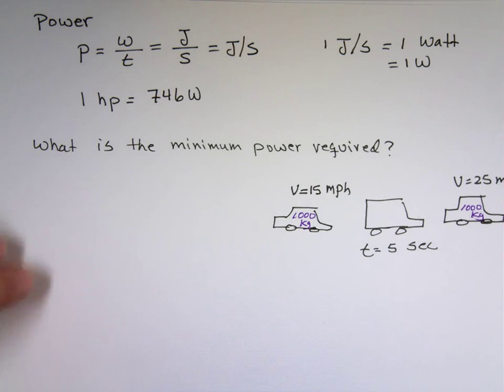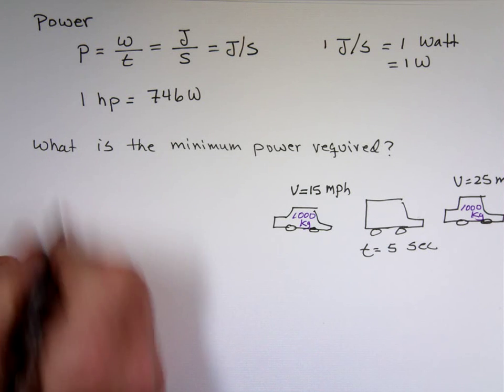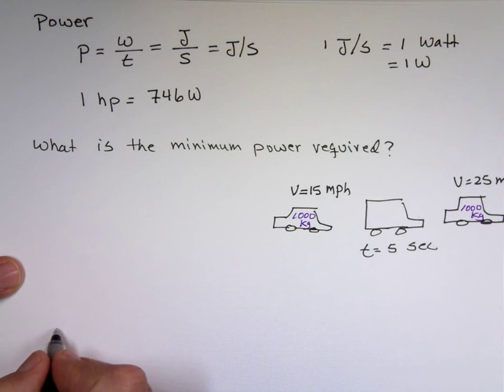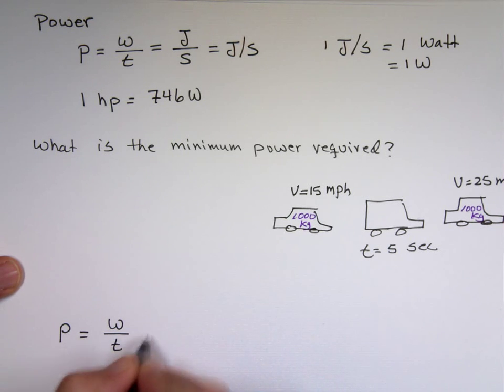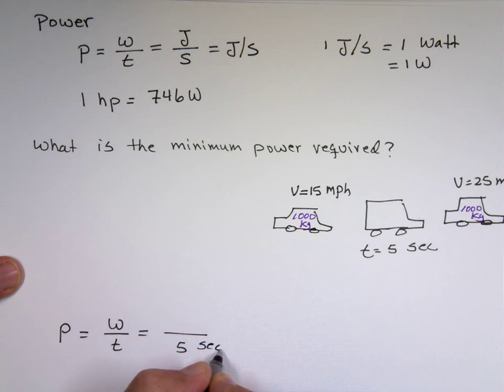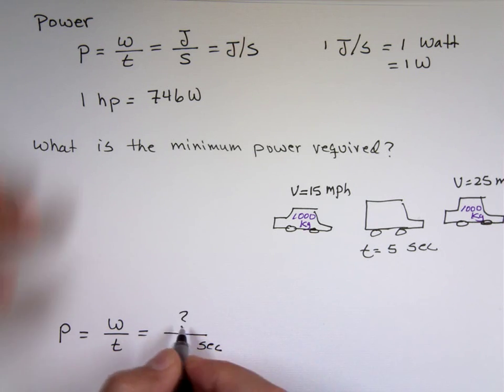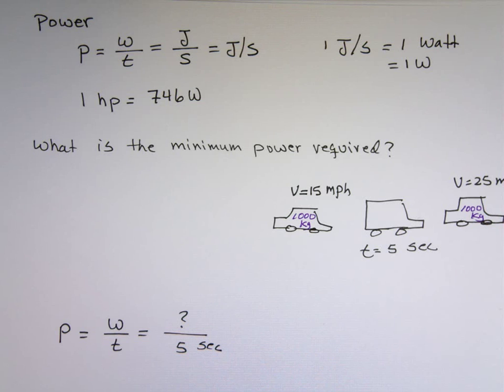Okay, to calculate the power, I'm going to leave a space there because I'm going to need it. Power is work divided by time. Well, I know the time. The time is 5 seconds. But what is the work? Do we know what that value is?